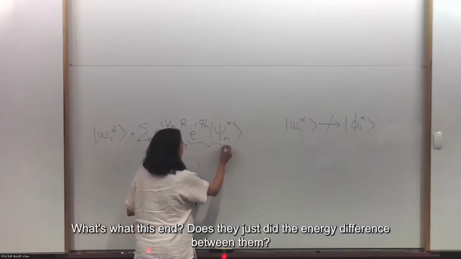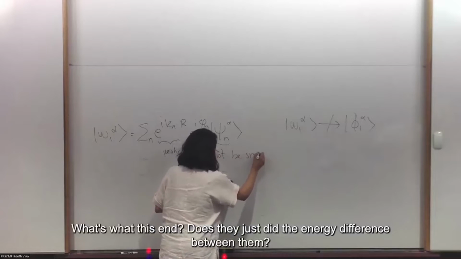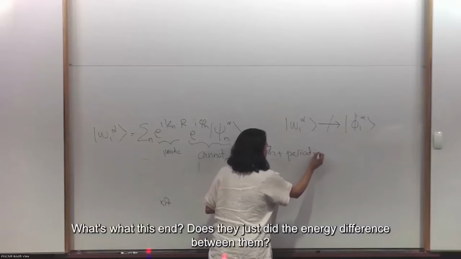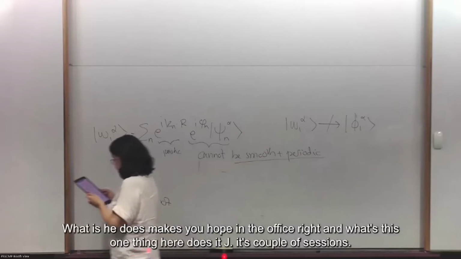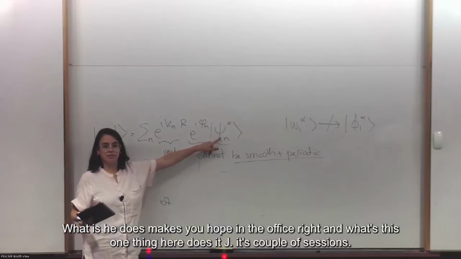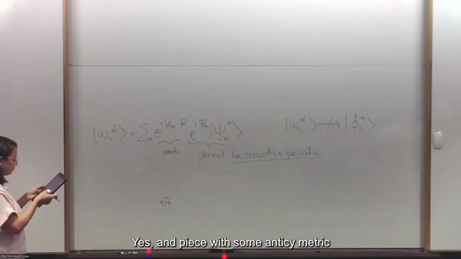So actually this guy cannot possibly be smooth and periodic. So there are some irremovable singularities in the definition of your wave functions in the Brillouin zone.